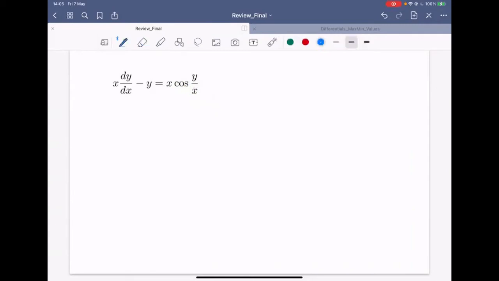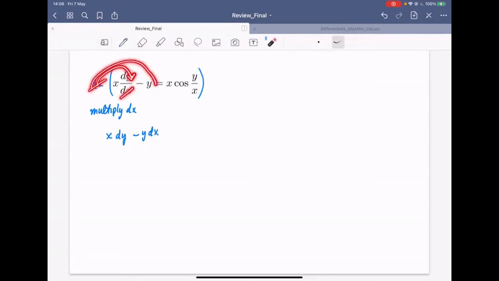So let's try to simplify it to the standard form. We're going to multiply the x with the equation. So we get x dy minus y dx. For those of you who cannot follow me, I'm going to multiply the x with the equation, so I get the x here. So the x cancels out.